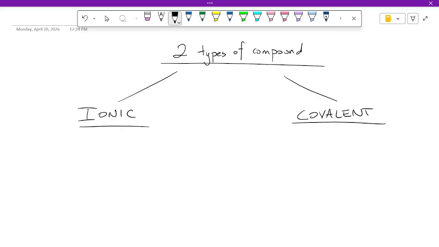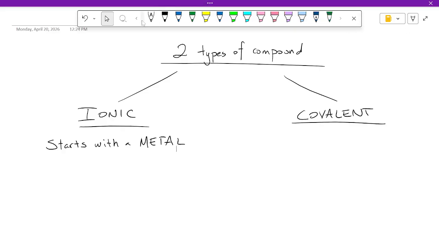How do we recognize that we have an ionic compound? What type of element does it start with? Yes, it starts with a metal. How do I add another one on here? My red pen's gone missing. That's okay.